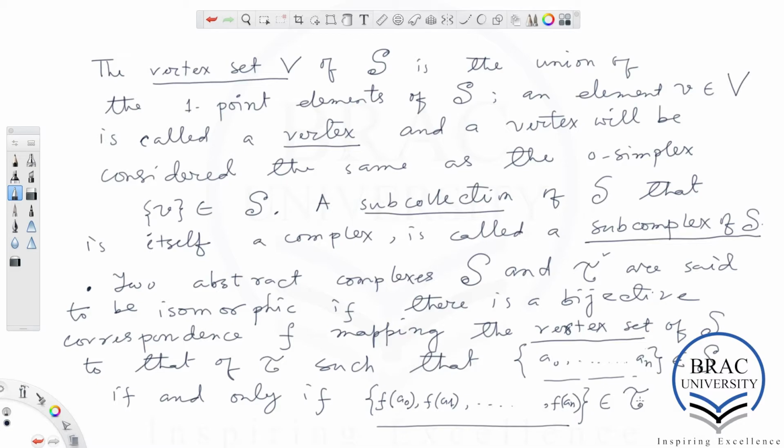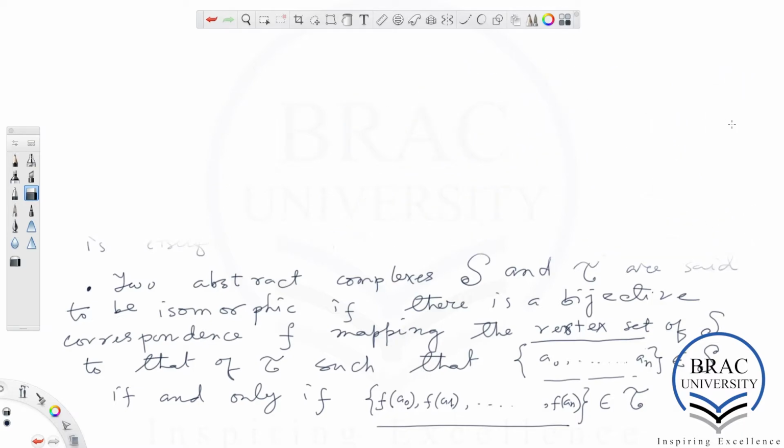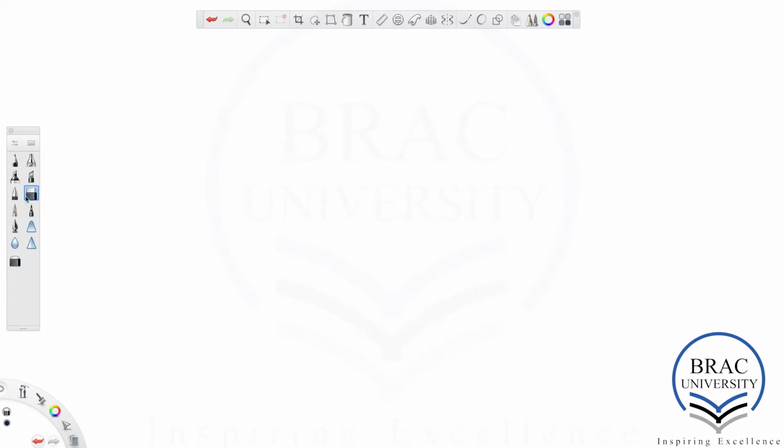Now it will be better if we can understand these notions in terms of an example. So let us consider the example of an abstract simplicial complex. In order to facilitate our understanding, let us draw a picture, although drawing the picture is not mandatory, but it helps the understanding.